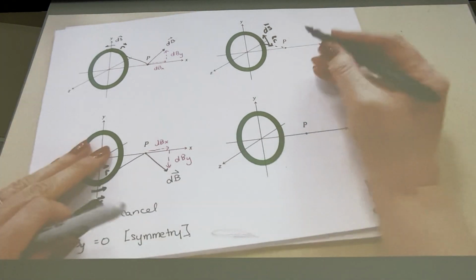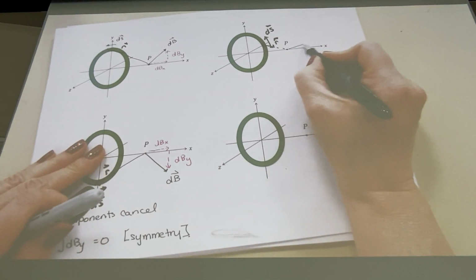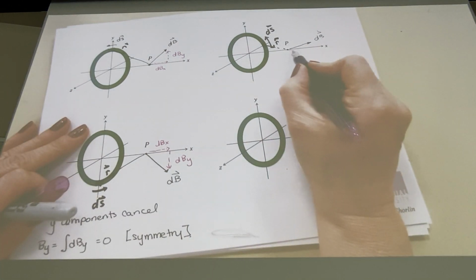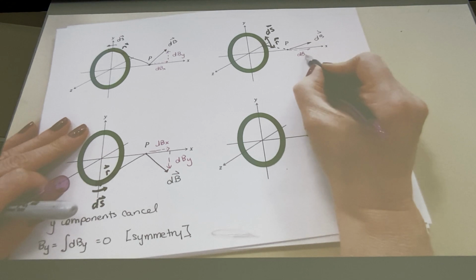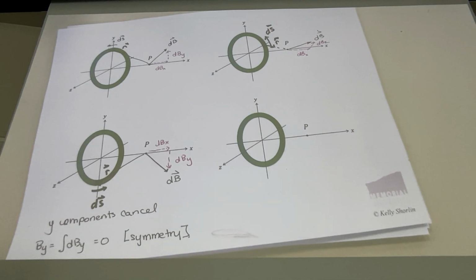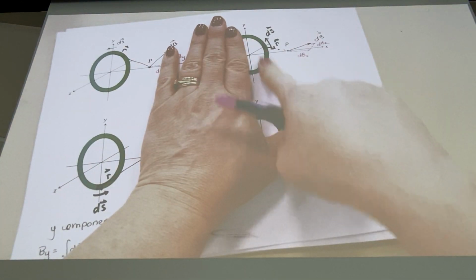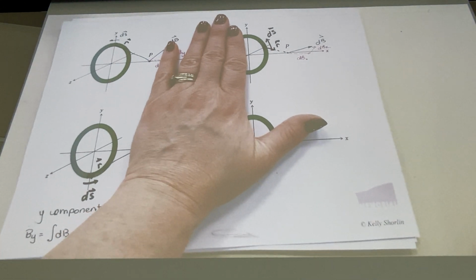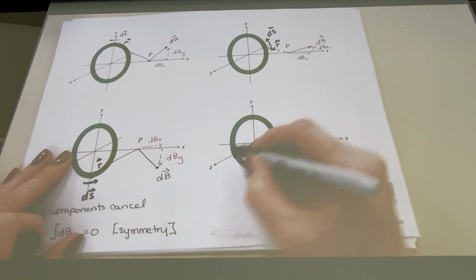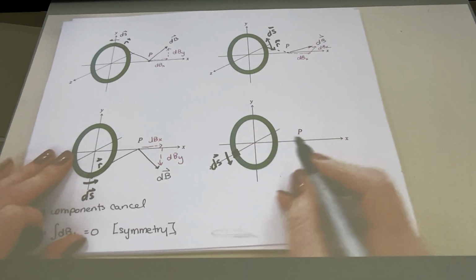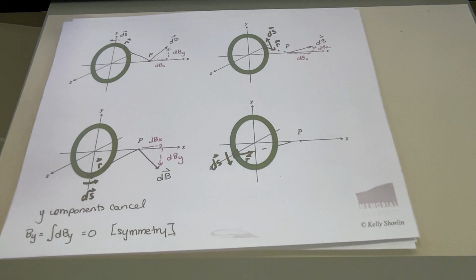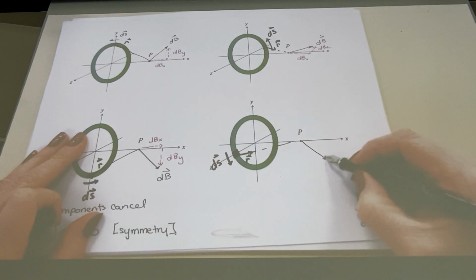So my little bit of field dB comes this way. It's in the positive x, dB_x, and in the negative z, dB_z. So for the z directions, if we're on the back half of the loop, all of the z components will point in the negative z. If we're on the front half of the loop, so if our ds is over here, then our r goes to point P, our r hat points towards point P, and our dB points positive x, positive z.